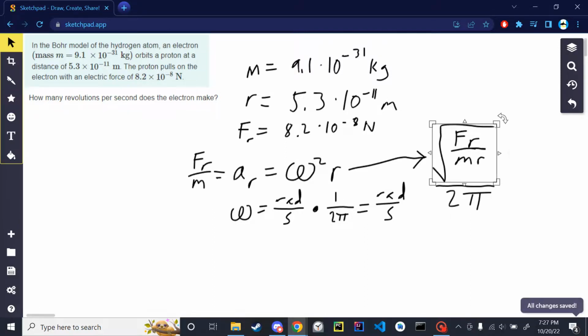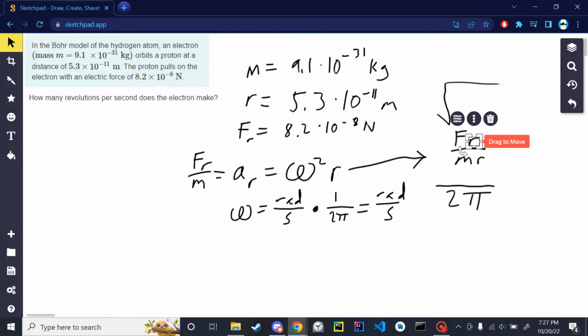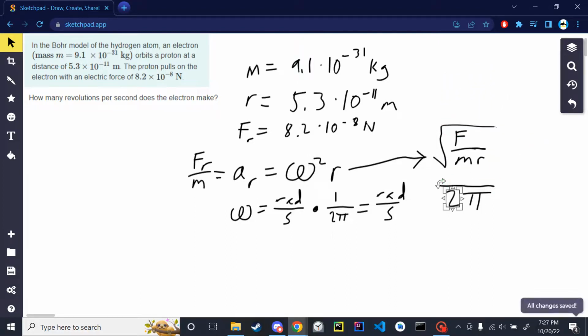I'm just going to get rid of this. Not that. Come on. That's the net force. All right, now we just plug it into the calculator.